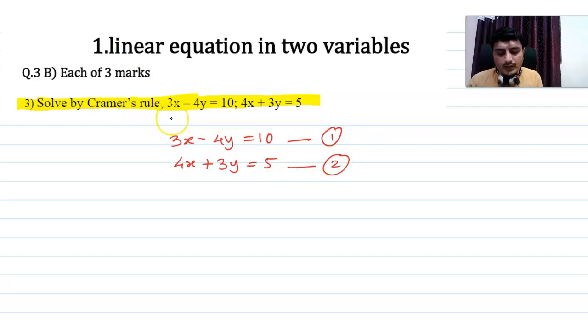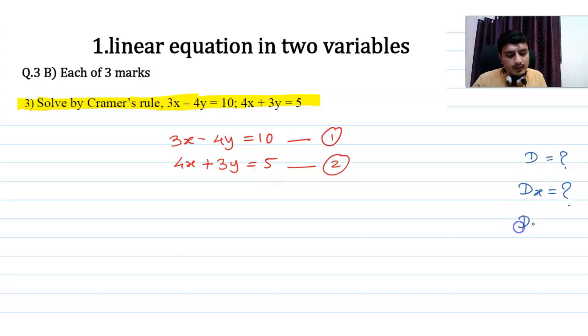Now as per Cramer's rule, look at the flowchart for how to find the values of x and y. First, evaluate the determinant d, the determinant of coefficients of x and y from equations 1 and 2. After that, find dx, by replacing the coefficients of variable x in d with the constants 10 and 5.